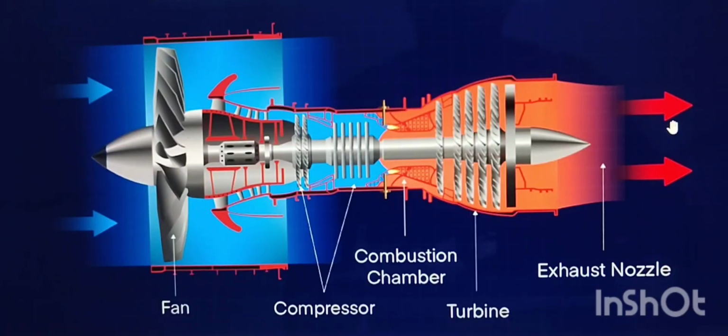The bypass air also moves a large mass of air with large velocity, and it will give us thrust. With the combination of these two thrusts, the passenger plane will move forward through the air.